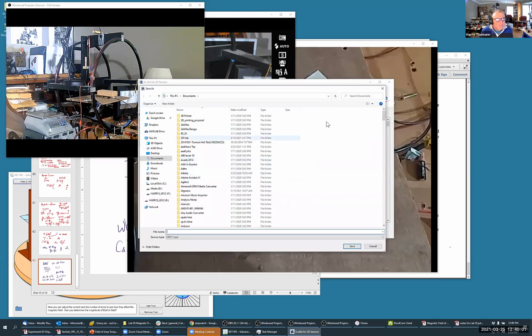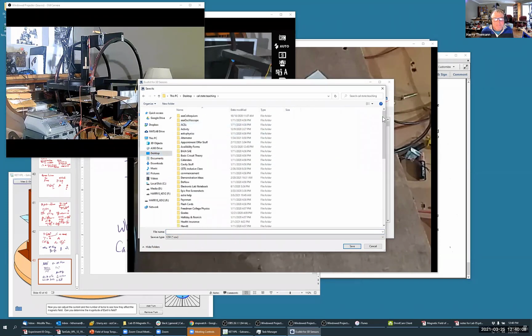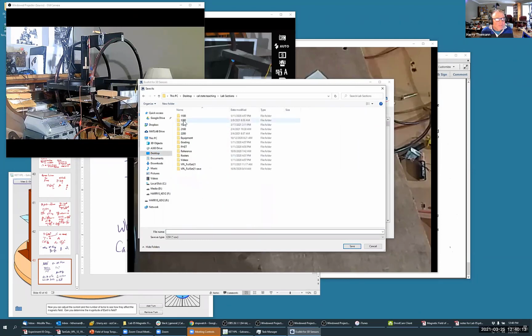Yeah, comma delimited. So desktop, Cal State Teaching, lab sections, 2200, magnetic field. So this is 2021 03 25 B field in Dr. H living room.